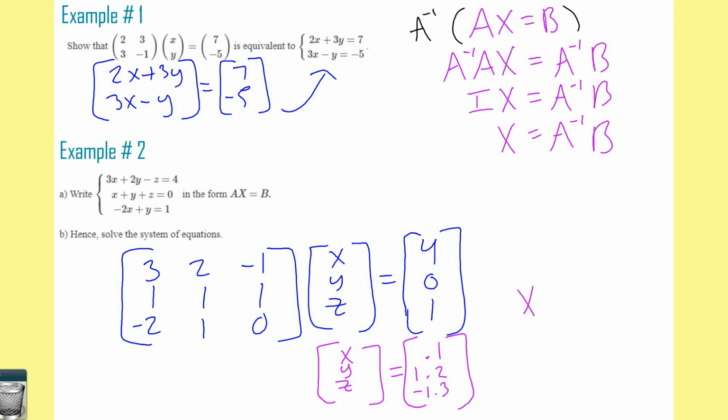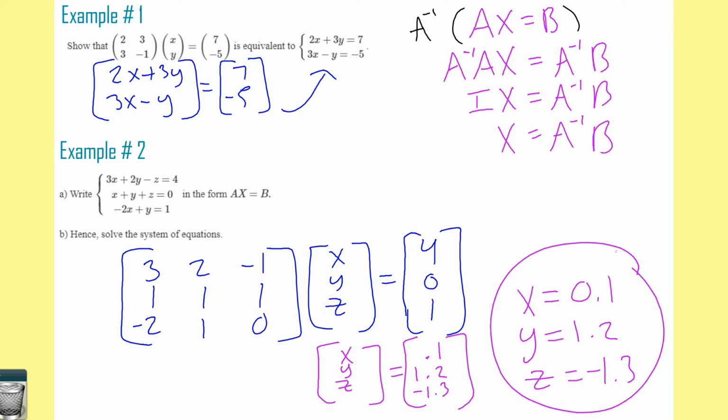So that means X is 0.1, Y is 1.2, and Z is negative 1.3. So to get this matrix to the other side, you multiply it by its inverse. Pretty snazzy, huh? Yes, you could use the Systems of Equation Solver or the Poly Simulation app or whatever, but this is how we do it in matrix form. It's not that hard to show your work this way, so they might ask it.